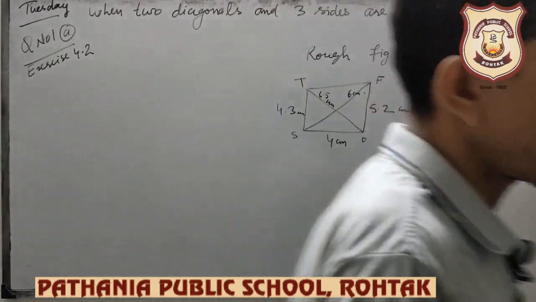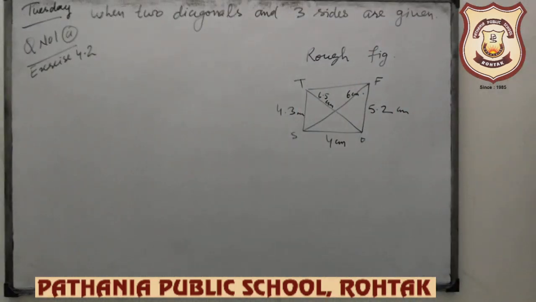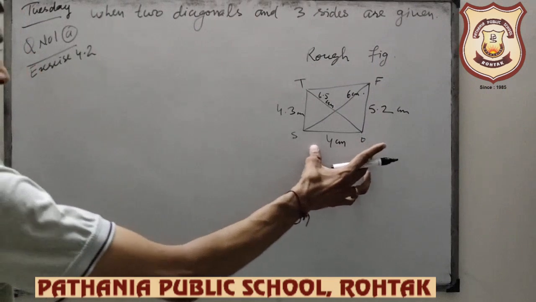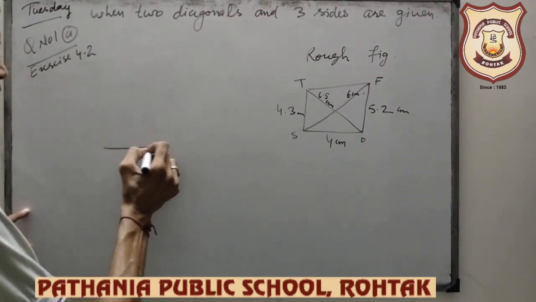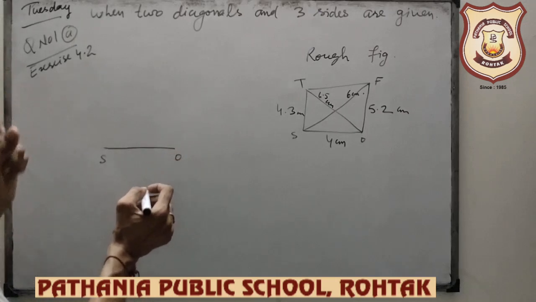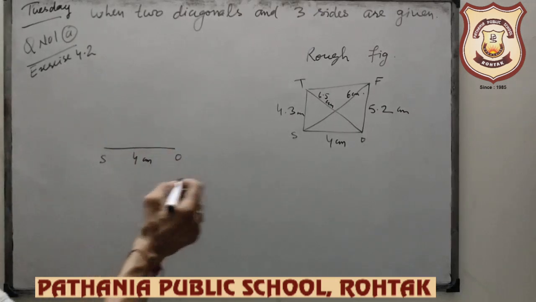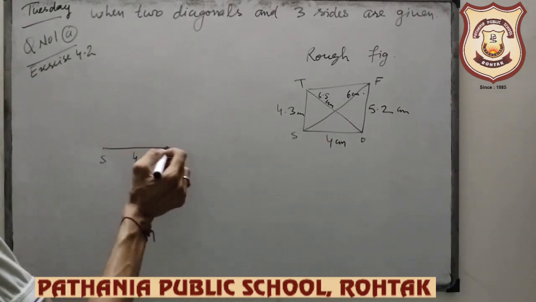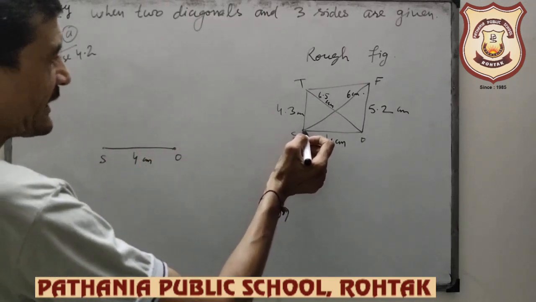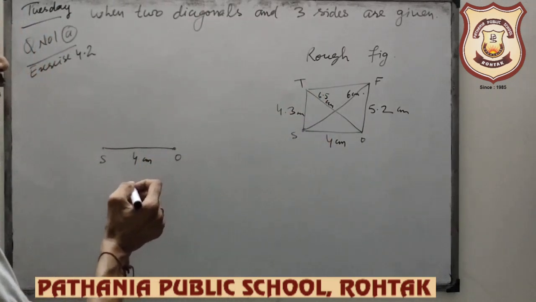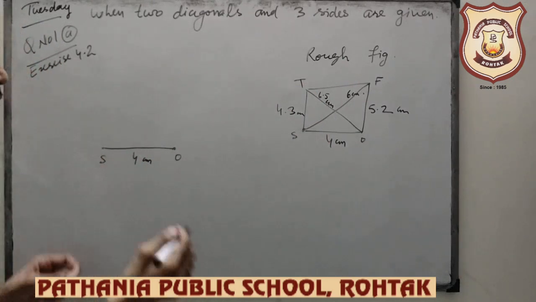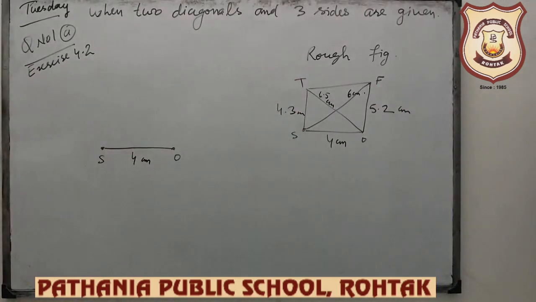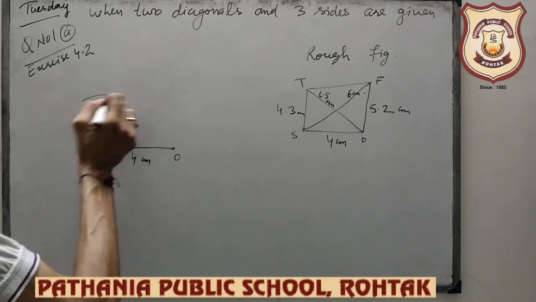Like this, you should draw it by using the same strategy. Draw a line segment SO of 4 centimeter. Whatever I am telling you, those are the steps of construction. You can write here, step 1: draw a line segment SO of length 4 centimeter. Now take S as center and radius equal to 4.3 centimeter, or you can write, take S as center and open the compass equal to 4.3 centimeter and put an arc like this.